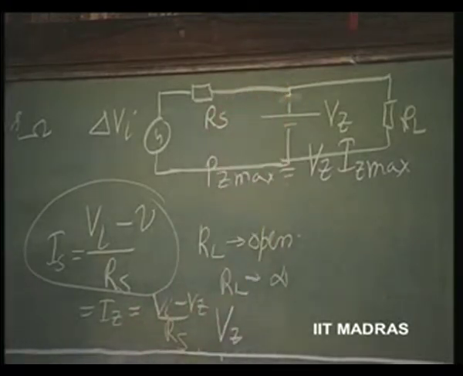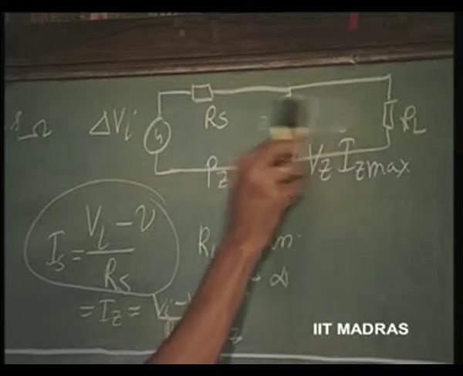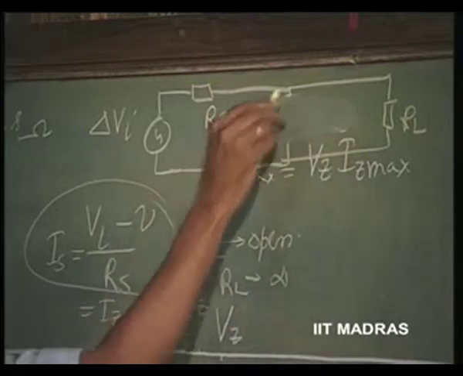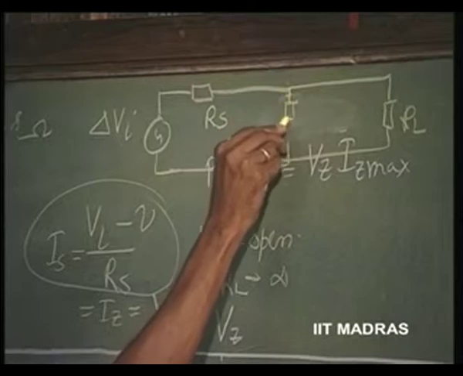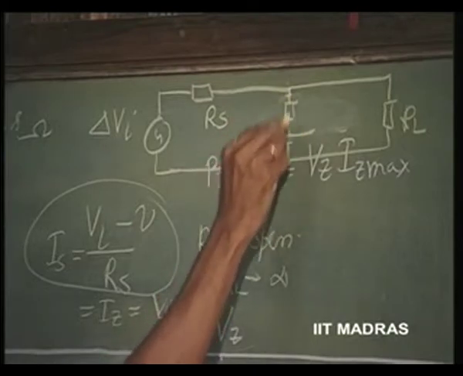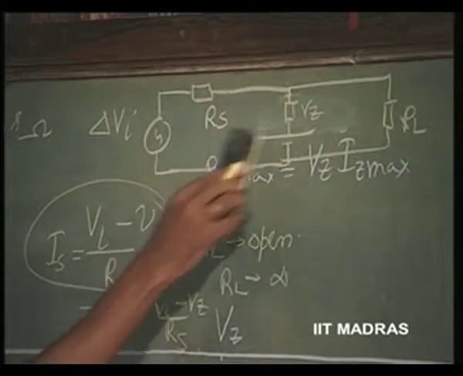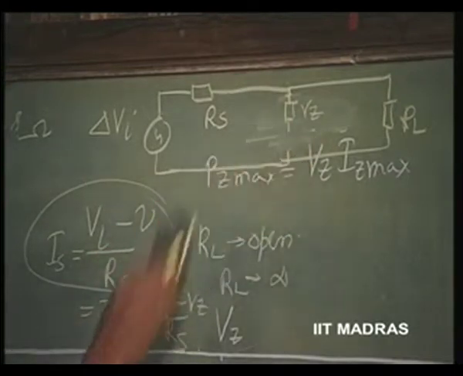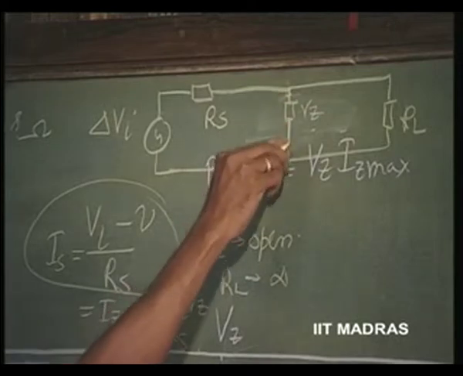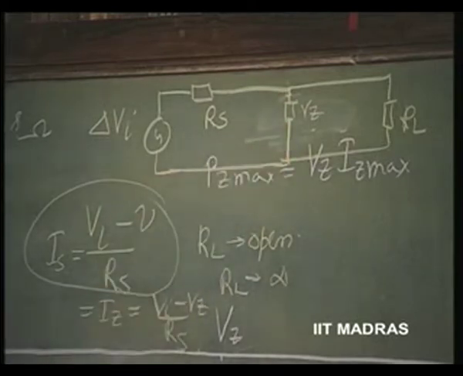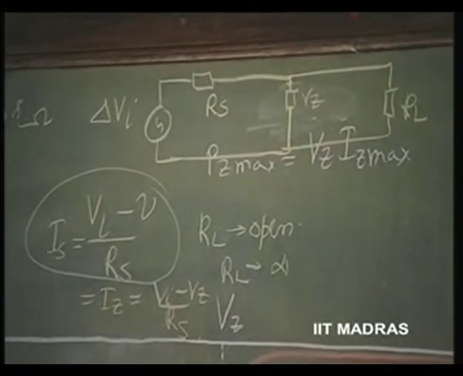So, I will replace it by means of an equivalent circuit, which is R small z and a battery. As far as this battery is concerned, it is of no consequence for changes. So, it is a short circuit. So, the equivalent circuit of a Zener diode for the whole thing is a battery in series with Rz.